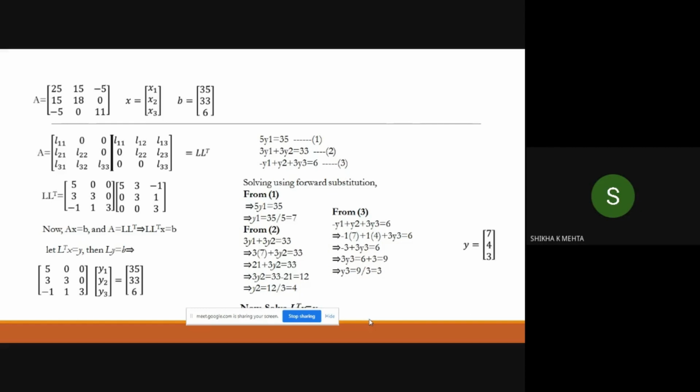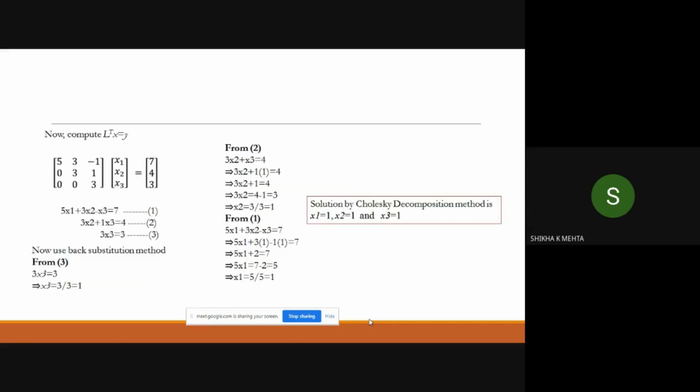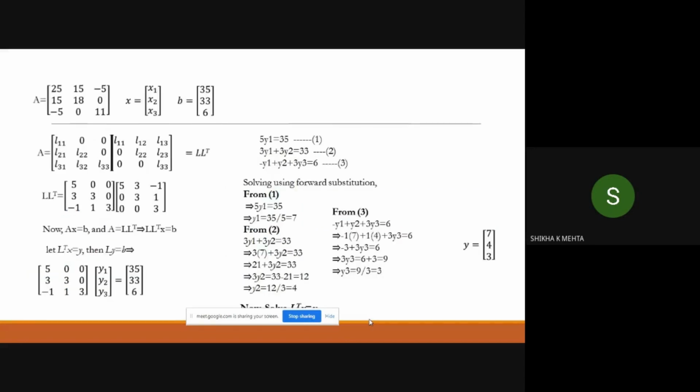Now using these values of y1, y2, y3, we have to find out the values of x1, x2 and x3. Now you see again, earlier we have used the L. Now the equation says L transpose X is equal to Y. So that means we will be taking the second matrix over here, 5 3 minus 1.